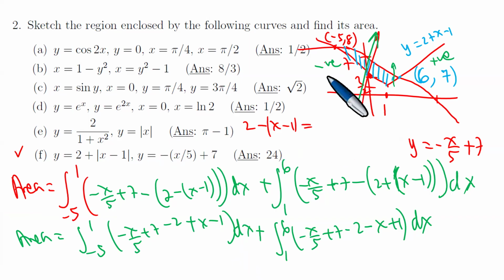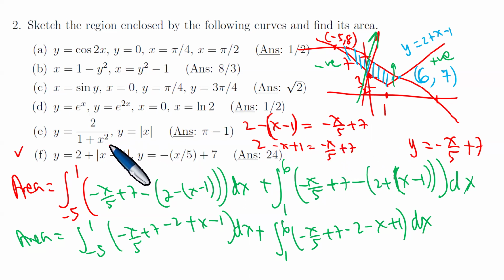It's going to be equal to the straight line, which is minus x out of 5 plus 7. So you multiply, and then this is going to be 3 minus x equals minus x out of 5 plus 7. I'm checking the limits of integration.